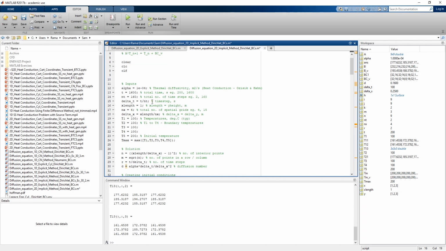For accuracy purposes, we still need to reduce the time step even further. Let's change the total number of spatial grids from 4 to 15. So the number of grids in the x and y direction is 15 now. We rerun this case.